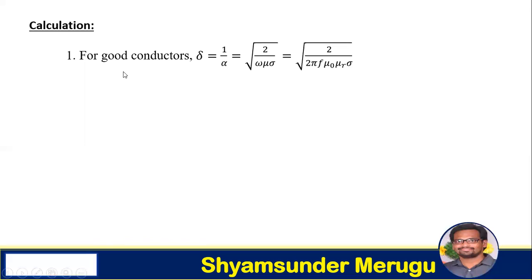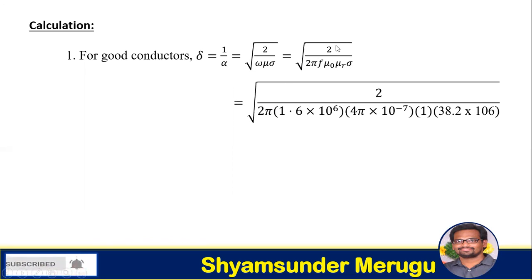The first one is delta, which is equal to square root of 2 over omega mu sigma, where omega is the angular frequency, which can be written as 2 pi f, and mu can be written as mu naught mu r, and sigma is taken as it is. Now we substitute the values in the above expression, and we get the skin depth as 64.37 micrometer.